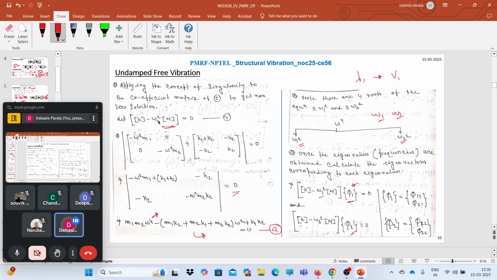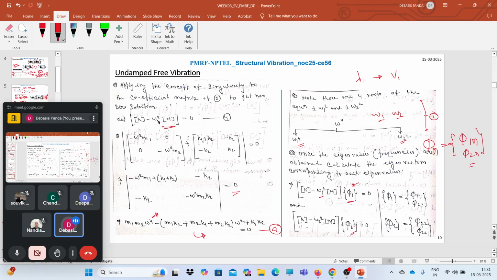That means phi 1 will contain, here we consider a 2 degree of freedom system, so phi 1 consists of two elements within that vector. That means phi n is equal to phi 1n, corresponding to the first degree of freedom, and phi 2n, corresponding to the second degree of freedom.